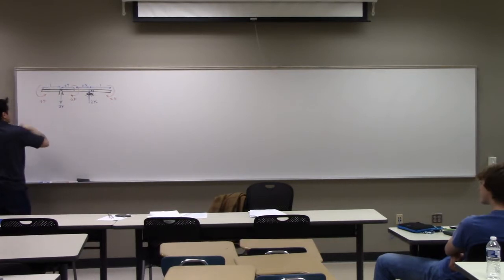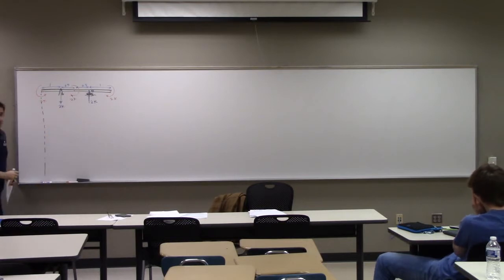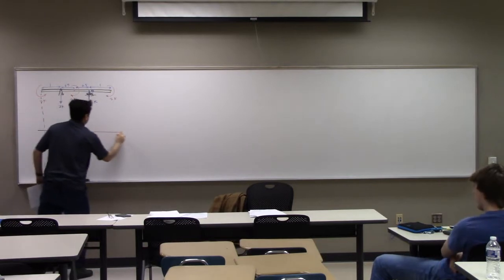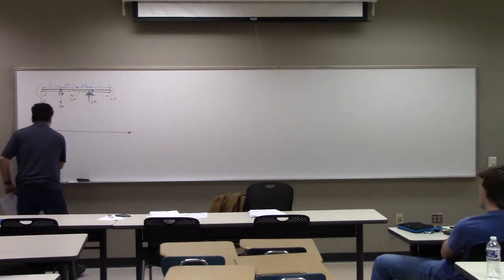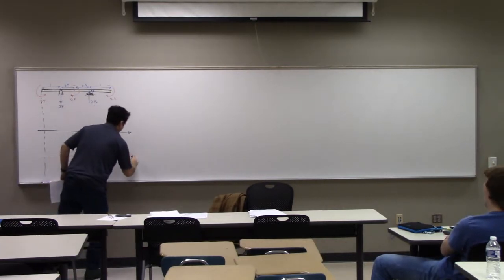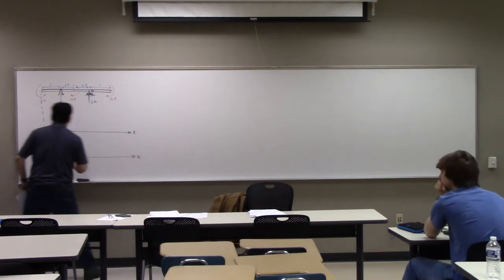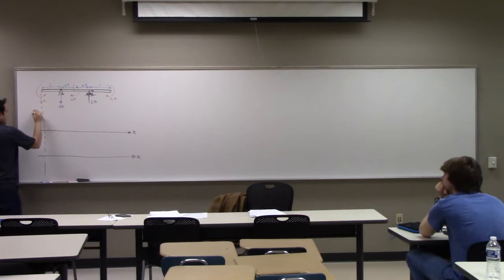Let me extend that, because I want my diagram to match my structure. So this is 1, here, axis X. The vertical axis is shear, and this is bending moment versus X.